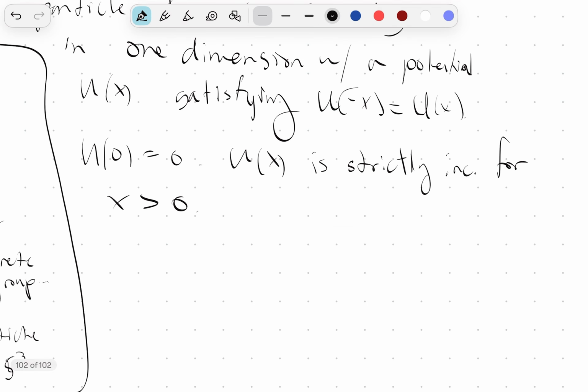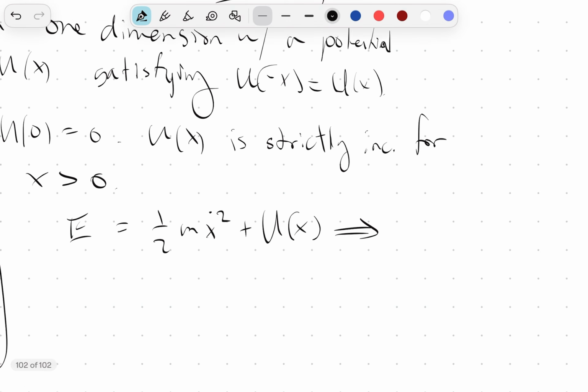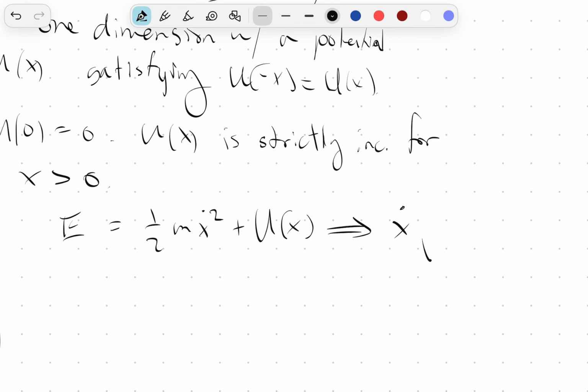The energy conservation is going to give us that the energy is 1/2 m x dot squared plus u of x, which implies that we can just solve for x dot here.